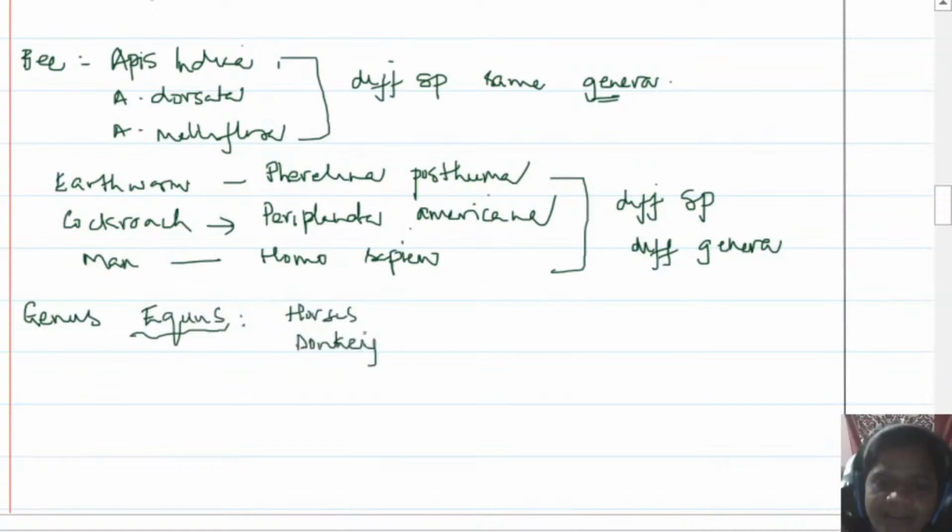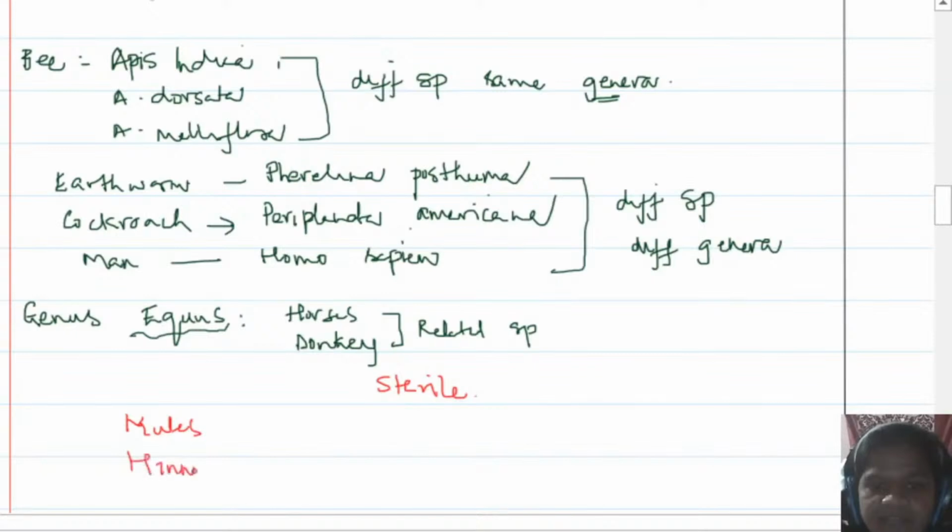Sometimes, you know how species is reproductively isolated, right? That means they don't interbreed. But we can interbreed related species forcibly. But what happens is they become sterile. The offspring we get are sterile. You remember, right? Mules.